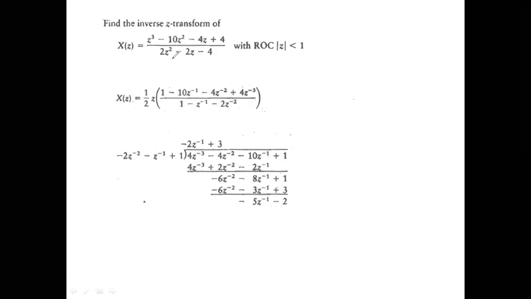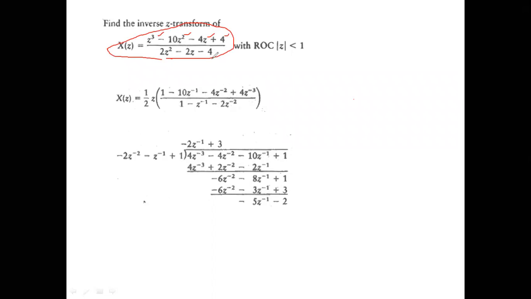Okay, in this particular question, you can see your z values are given in terms of positive coefficients of z in the numerator and positive coefficients of z in the denominator.